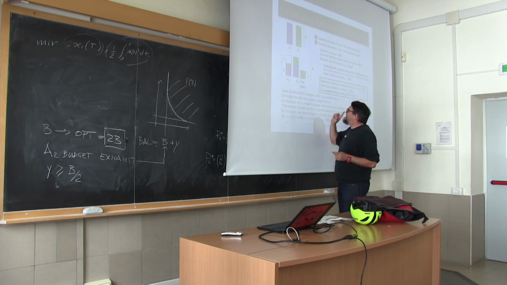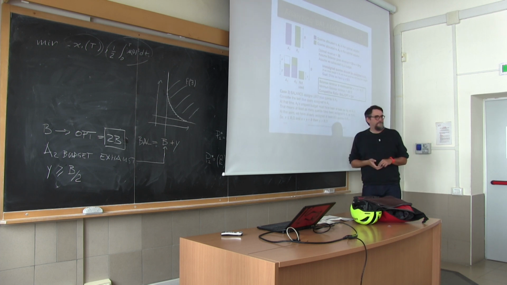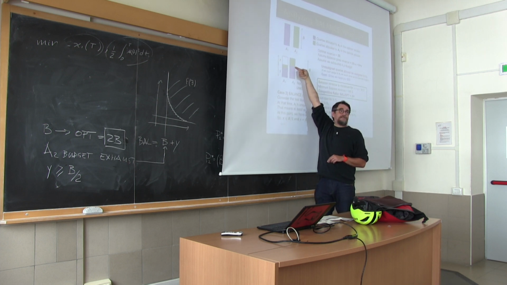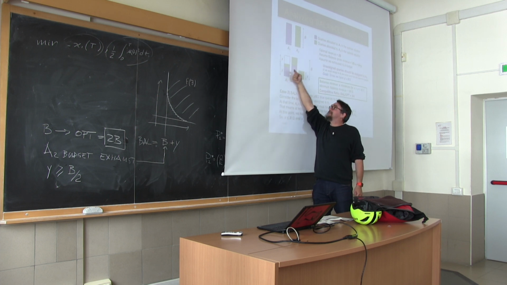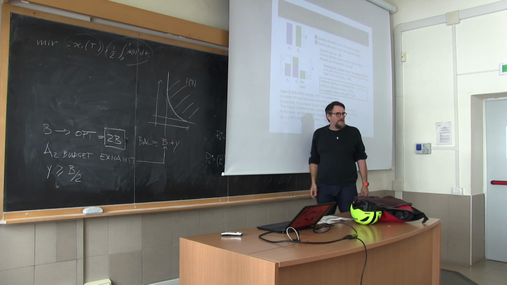So it must be at least as big as A1. Is this clear to everybody? It's by the definition of the balance algorithm. We are assigning a query to the advertiser with the highest residual budget, so it means that it is at least as A1.